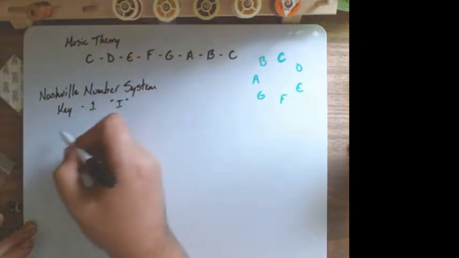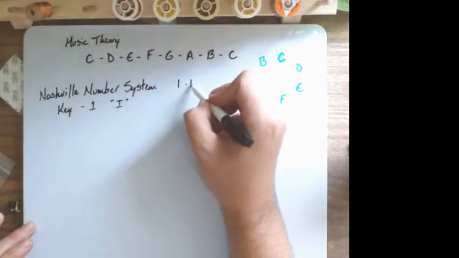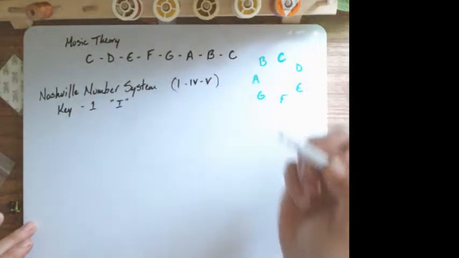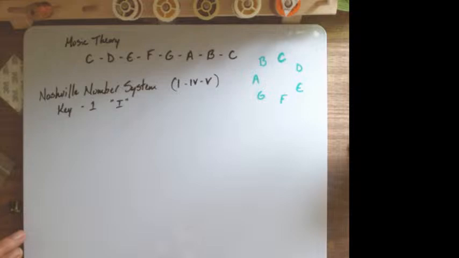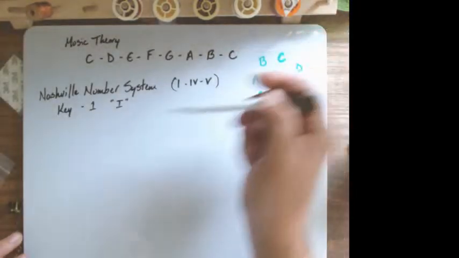Now a lot of the structure is going to follow 1, 4, and 5. Sometimes it'll have a quick 2 thrown in there. And then even on top of that, we'll get into the relative minors, which is going to be the 6 minor. So the easiest thing to do, I'm going to carry this down and we're going to use this as a focal reference right here.